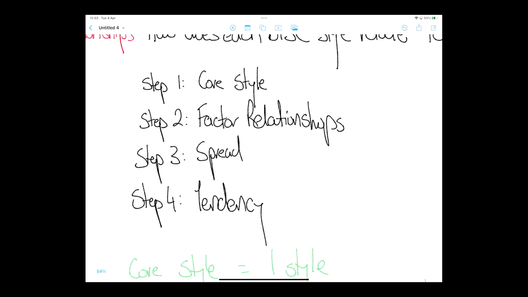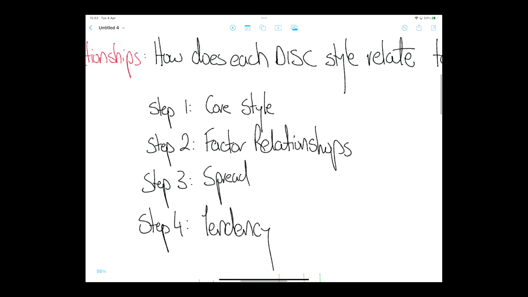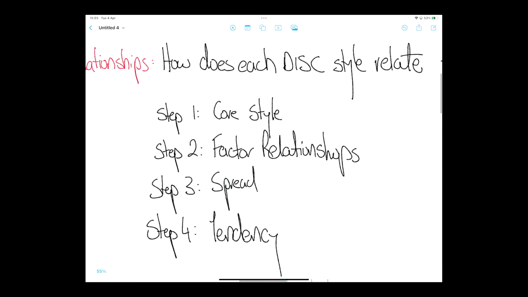There are 4 things that we need to do. First of all, we need to have a look at the core style. So is their core style D, I, S, or C? We then want to look at the factor relationships between each of the DISC factors. We want to calculate the spread, and then look at the tendencies.